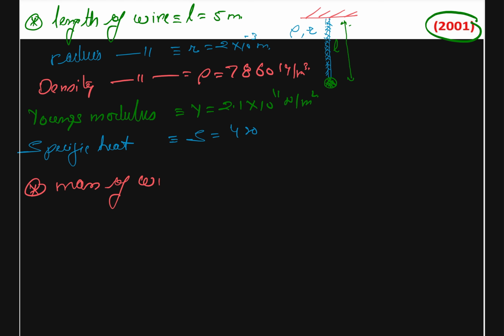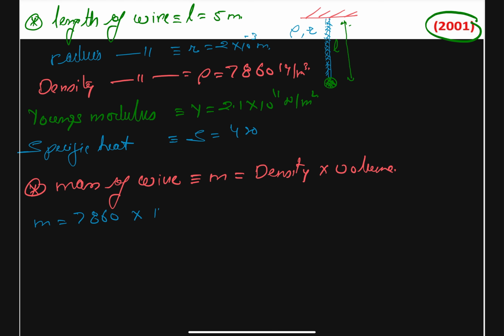Mass of wire, that is small m, will be equal to density into volume, and density is given to us. Density is 7860 and volume is pi r square L.